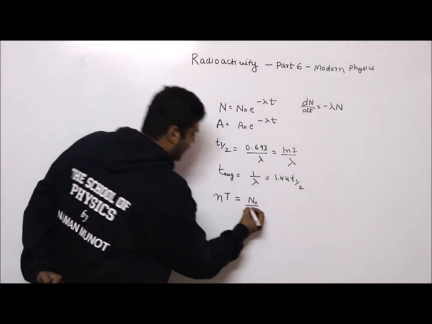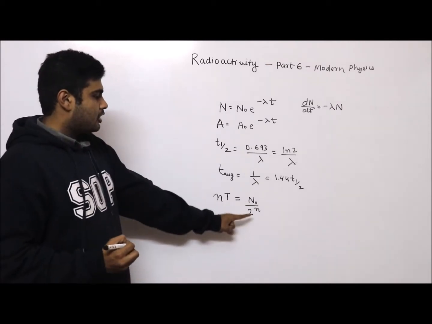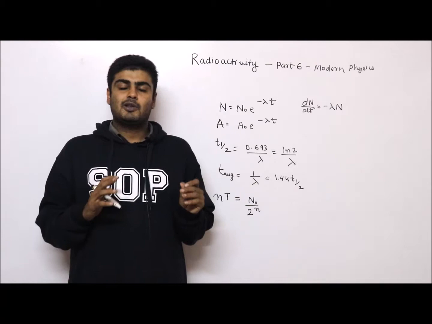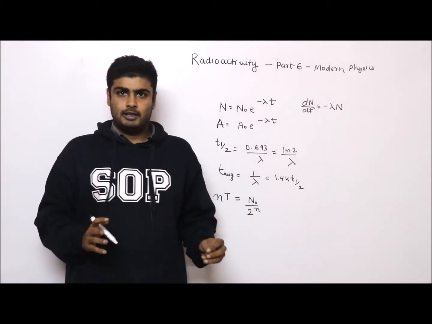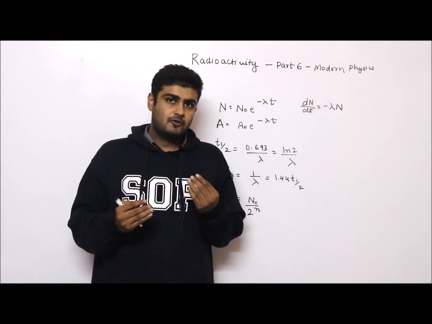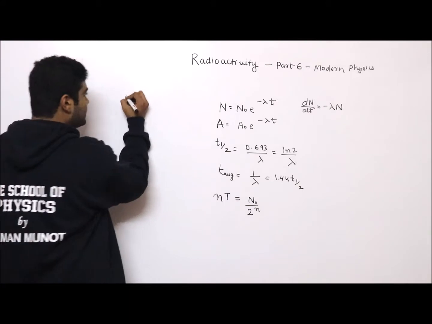So after n half lives, the number of nuclei will become N₀/2^n. So these are the simple formulas that you have to remember in radioactivity. Now I am going to explain in detail what these formulas actually mean. So listen carefully.